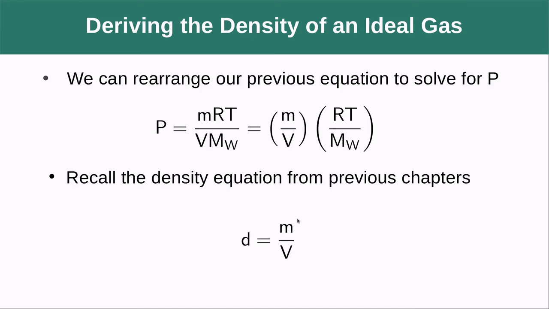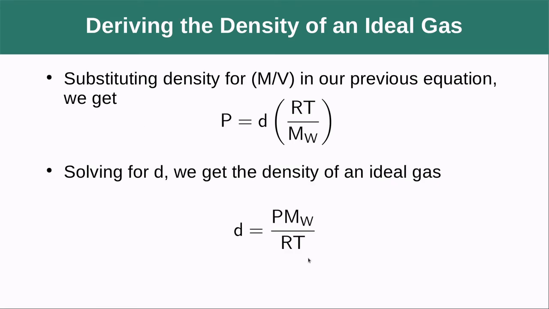And if we recall, that is the density, the mass divided by the volume. Substituting in that density, we get this equation. And then rearranging and solving for the density, we can see that the density of a gas is the pressure times its molecular weight divided by RT.